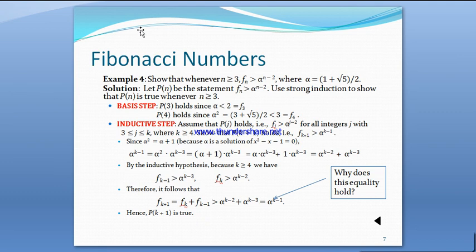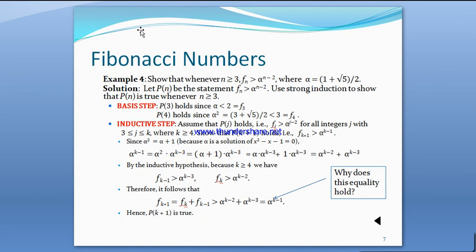Now, assuming P of j holds for 3 less than or equal to j less than or equal to k, we have to prove that P of k plus 1 will also hold, that is, f of k plus 1 is greater than alpha power k minus 1.